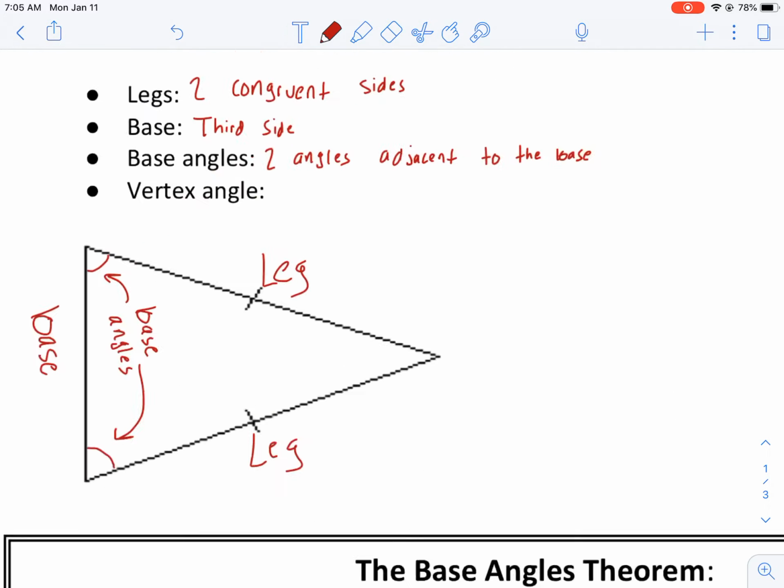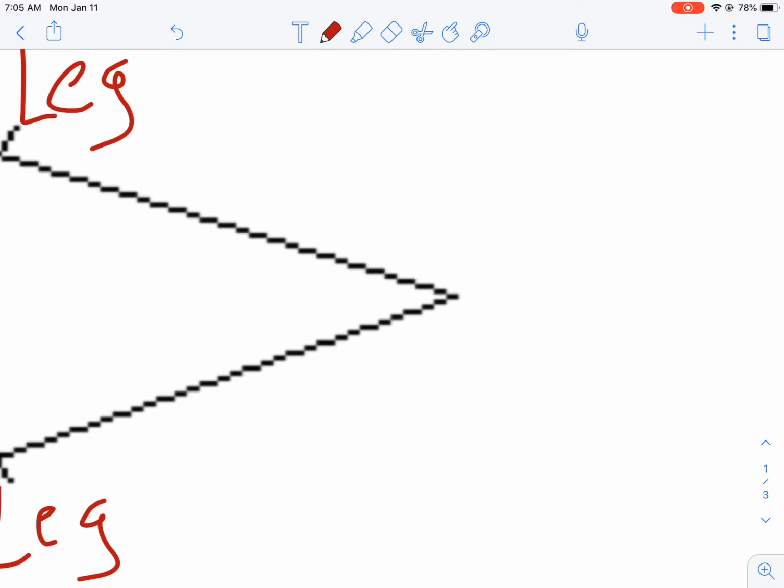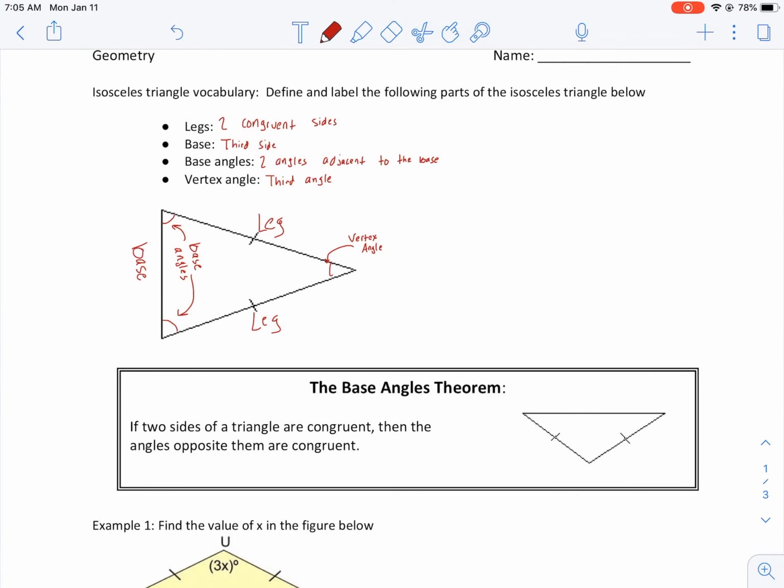And then the vertex angle then would be the third angle. Okay, so those are all the parts.